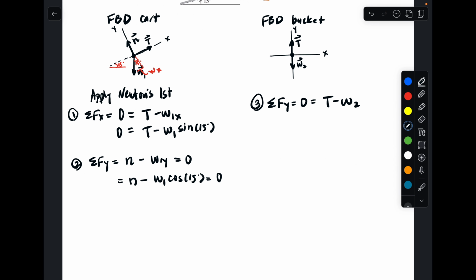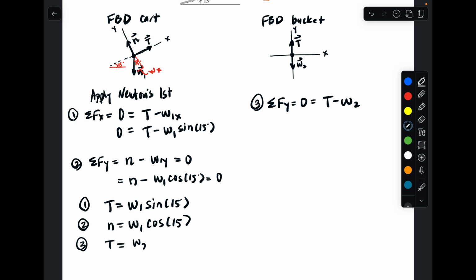So weight 1, we can solve for that over here. If we solve for the tension in equation 1, it is equal to weight 1 sine 15. The normal force is equal to weight 1 cosine 15. And here we see in equation 3 that the tension is also equal to weight 2.